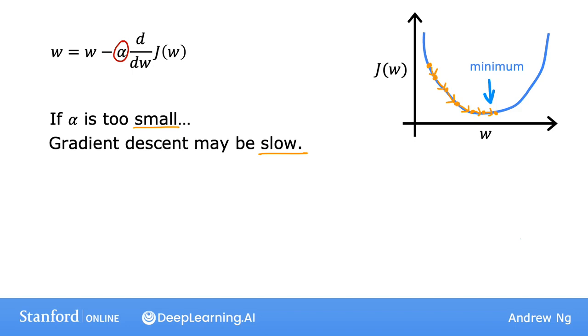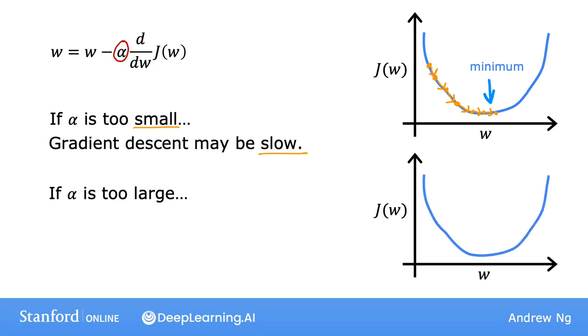Now, let's look at a different case. What happens if the learning rate is too large? Here's another graph of the cost function. And let's say we start gradient descent with W at this value here. So it's actually already pretty close to the minimum.